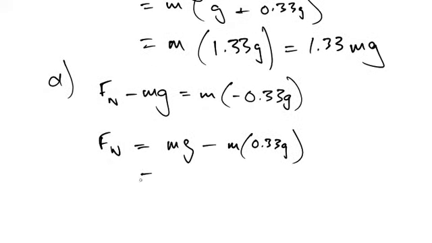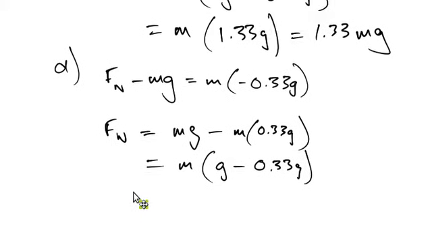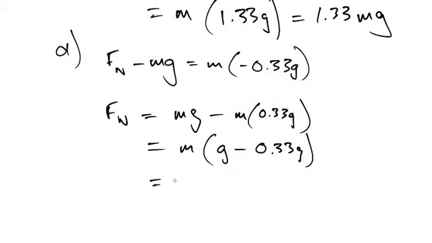And so if we factor out the m, we're going to have that. And so 1 minus 0.33 is going to equal simply 0.66 mg. So in this case, we're losing a third of our weight.